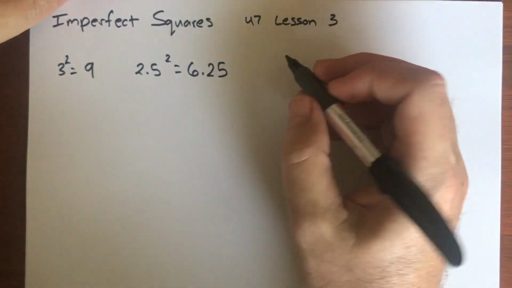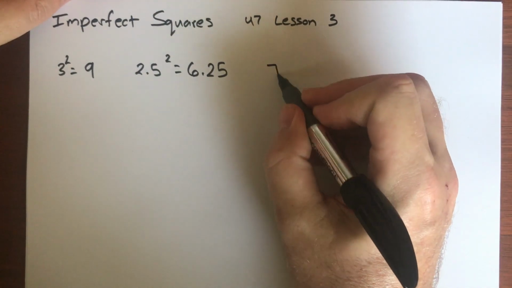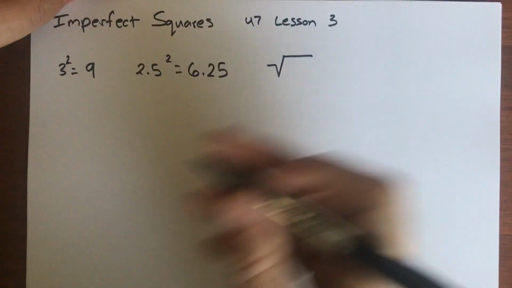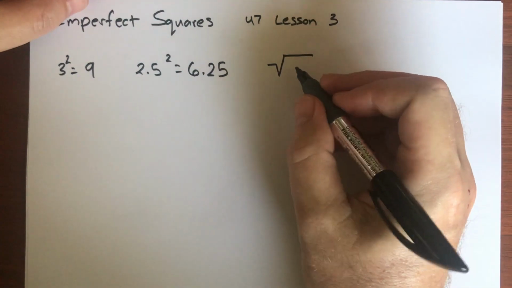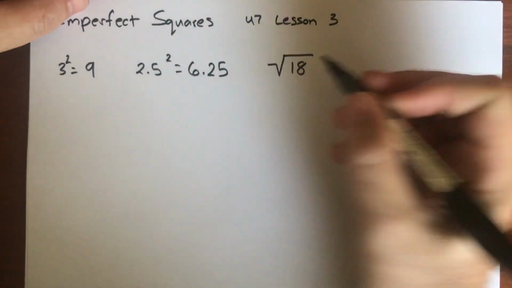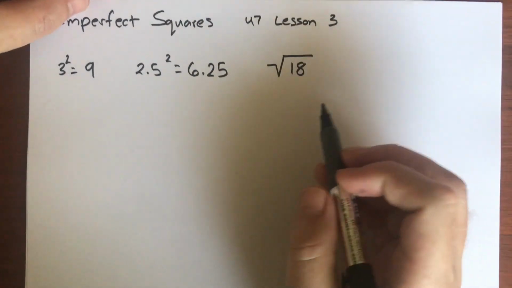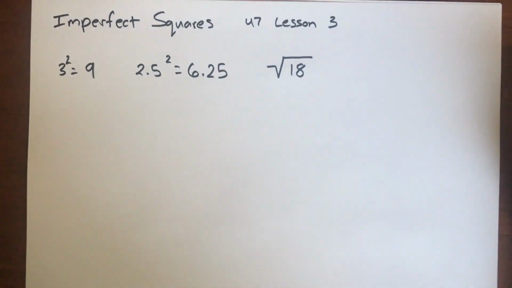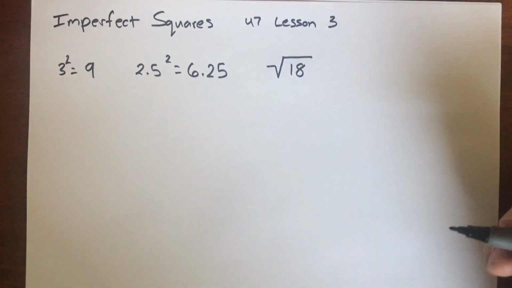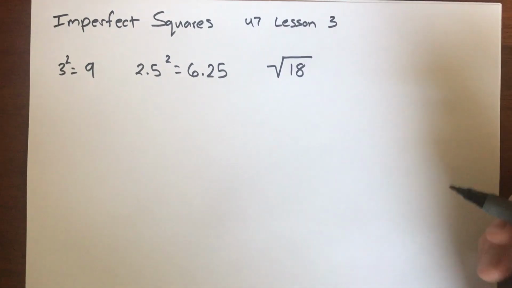Imperfect squares are when we take the square root of a number, let's say 18, right? It's not a perfect square. So its answer is going to be an irrational number. If you remember irrational numbers, we first started talking about them when we talked about pi.